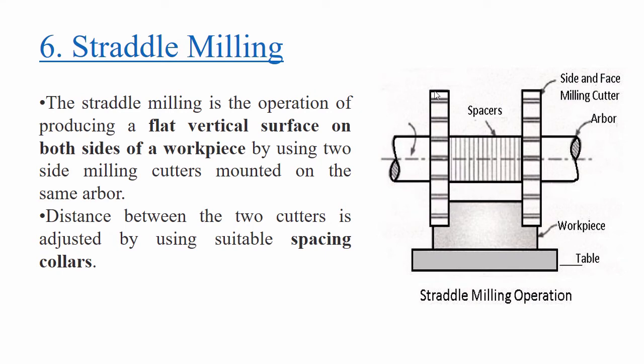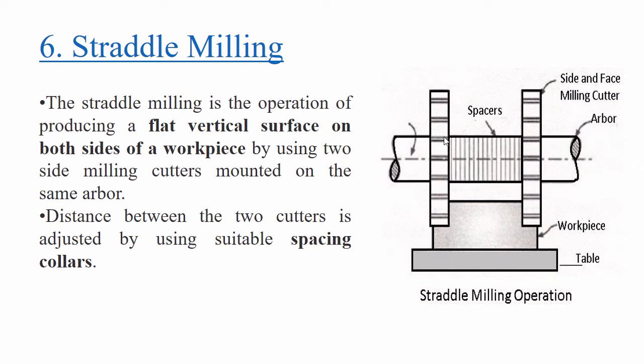right? Straddle milling has a special arrangement that you have to see. The axis of rotation means this is the arbor. Arbor is nothing but the shaft. On the shaft you are going to mount two different slot cutters. This is one slot cutter and this is also one slot cutter.